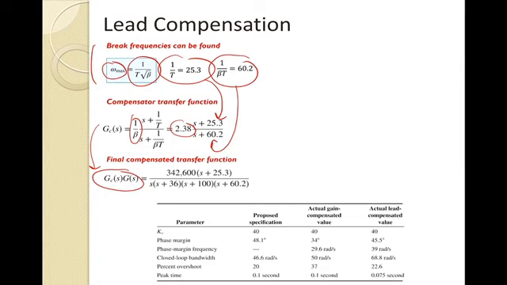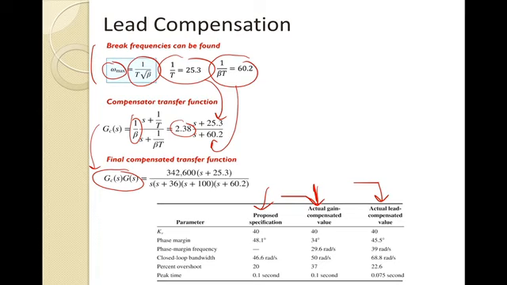And then again, here were our specifications. And then we can actually look, this was when we just did our gain compensated value. And then here's our lead compensated value that we had. And also we had a lag compensated value. You could put that in the table here as well.